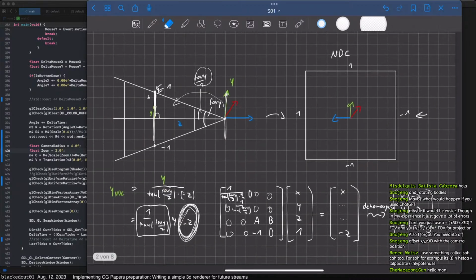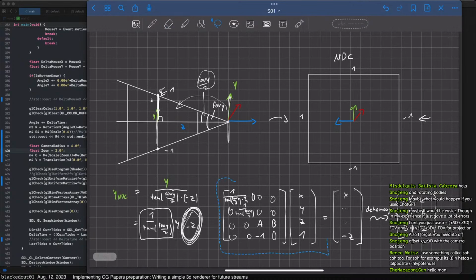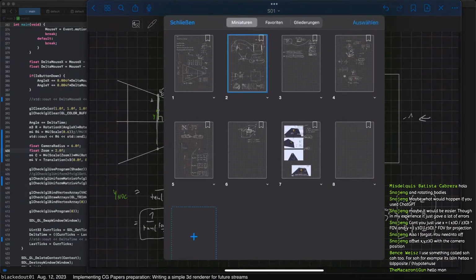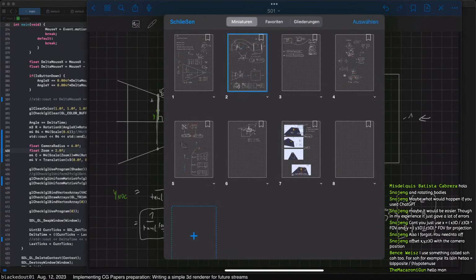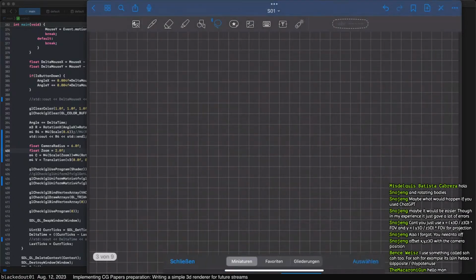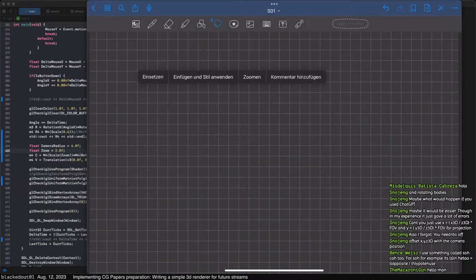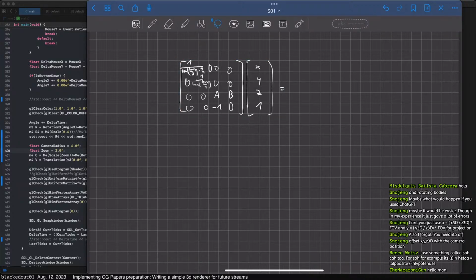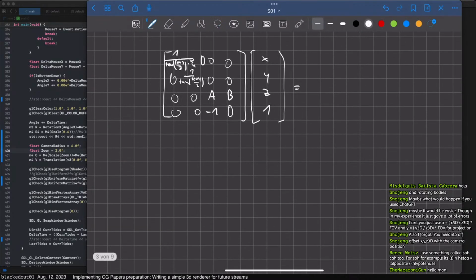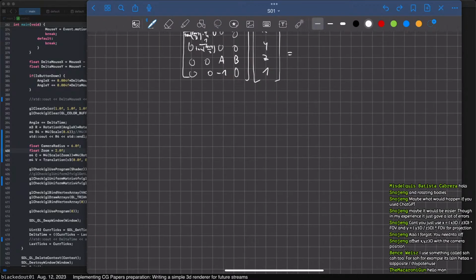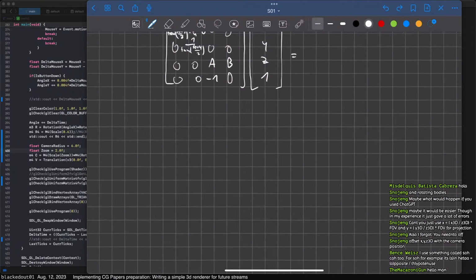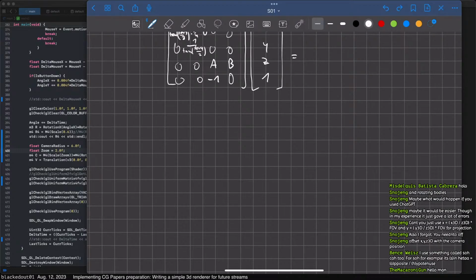Maybe I need another page for this. So if I paste this here, how we can solve for these is by just writing down the transformation that is happening.